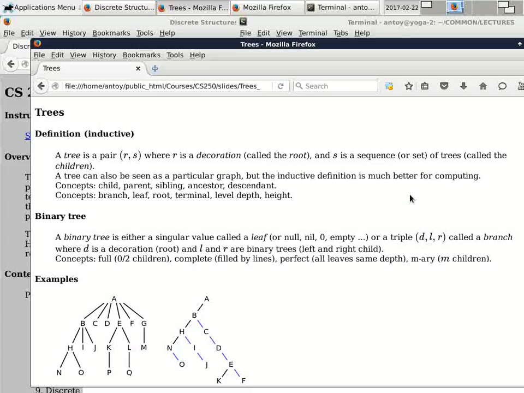We looked at examples with various terminology like sibling, parent, ancestor, descendant. We saw that we can go from a forest of trees, in particular one tree, to a binary tree, and from a binary tree to a forest of trees.